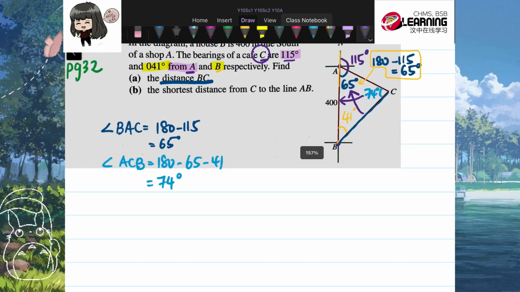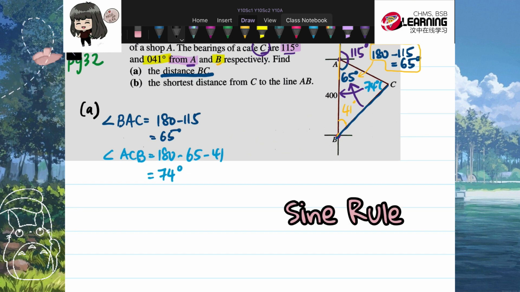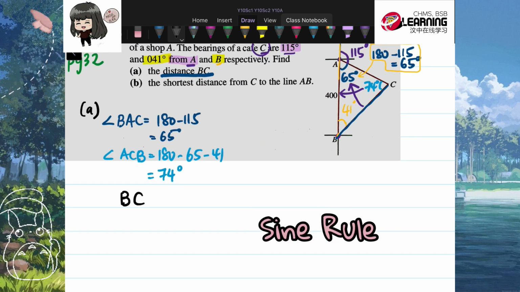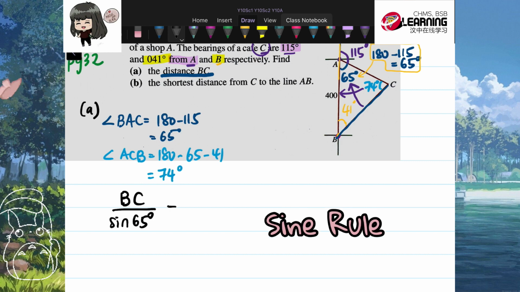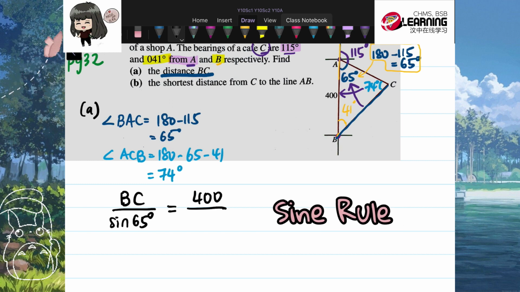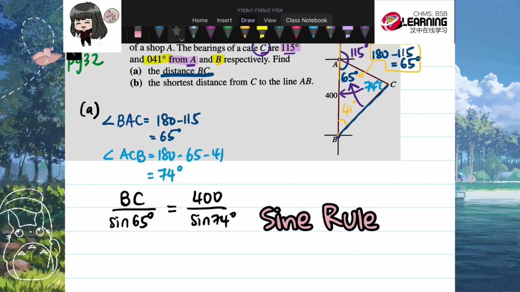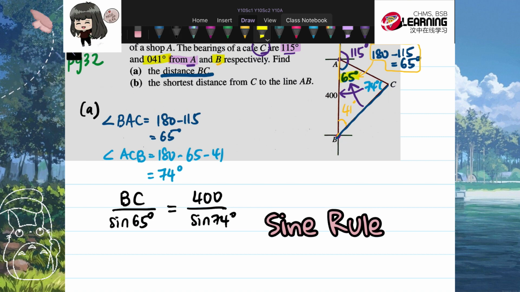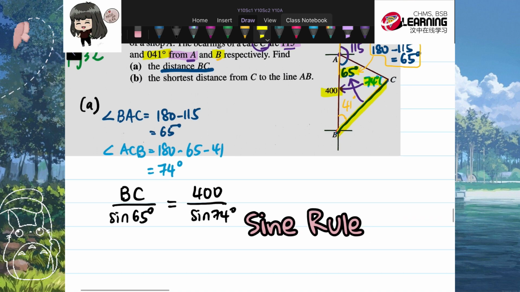So using the sine rule, the length of BC over sine 65 equals 400 over sine 74. We are using this angle, the 74 angle and the 400 to find our length of BC.